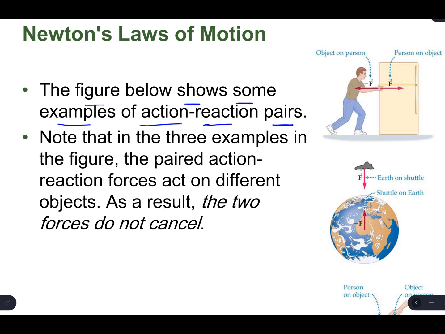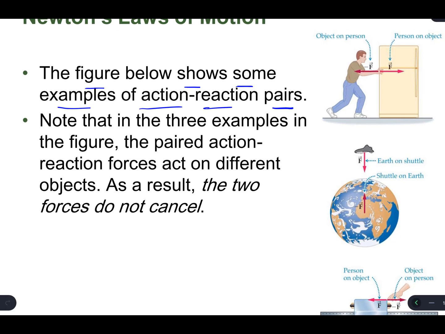As you see, the guy pushes the box to the right and the box pushes on the person to the left. Those forces are equal in magnitude, opposite in direction.